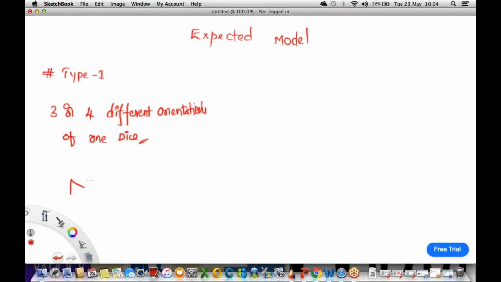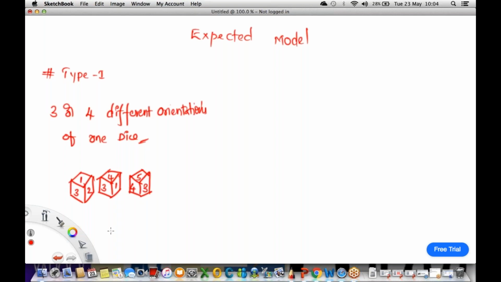That means he will be giving the information like this. So this is indicating a dice. This is 3 and this is 1 and this is 2, and the next information is mentioned as this is 3, this is 4 and this is 1, and the next information is given as this is 5, this is 4, this is 3.